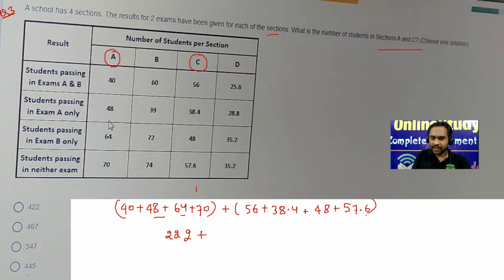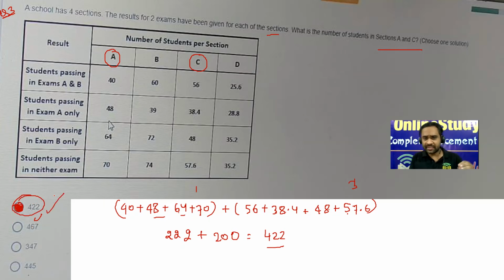Plus here, you can see 6 plus 4 is 10, 1 will be in hand, 8, 8 plus 8 is 16, 24 and 6 is 30, 3 will be in hand. Then 3 plus 5 is 8, plus 4 is 12, 15 and 5 is 20. Now if you add this, you will get 422. So the number of students in the sections will be nothing but 422. So this particular option will become your answer.